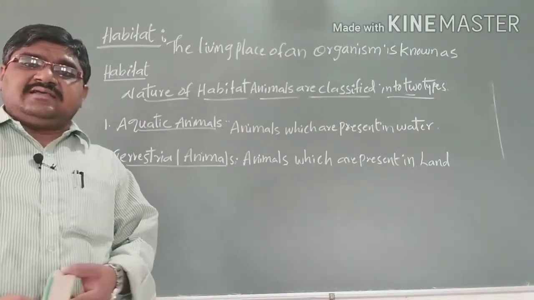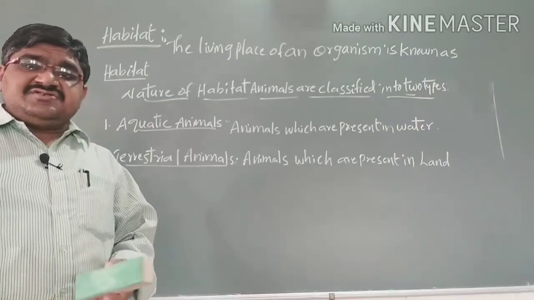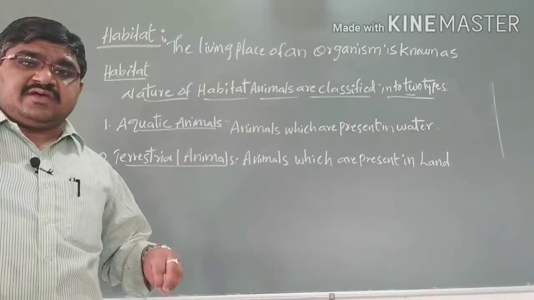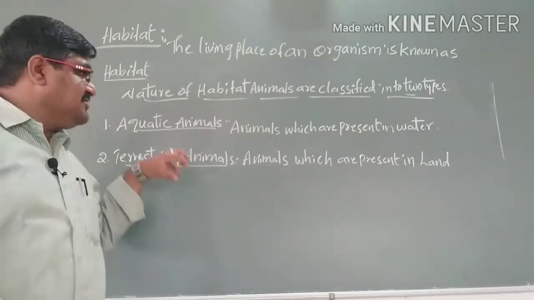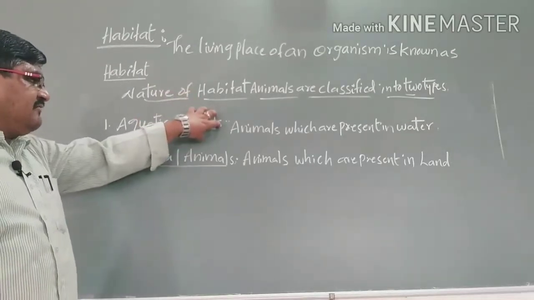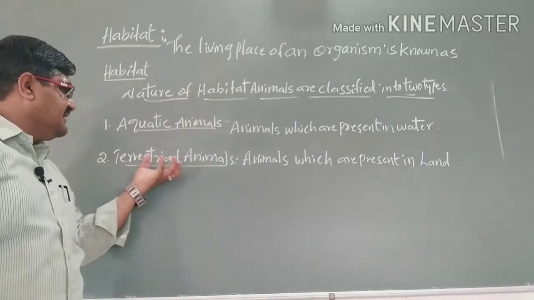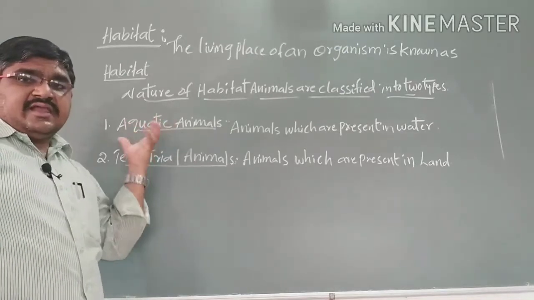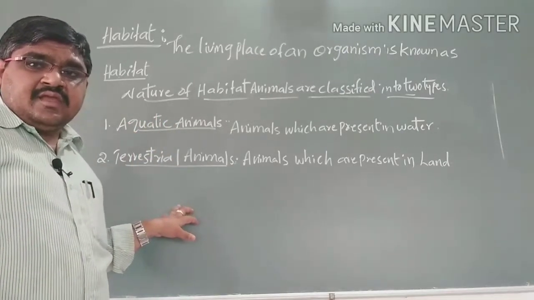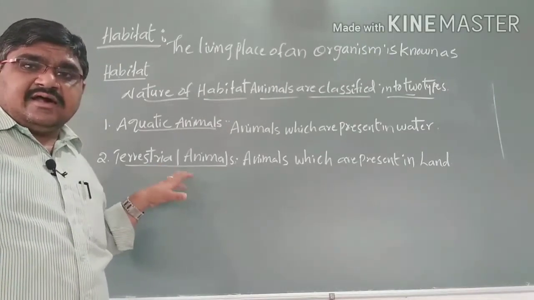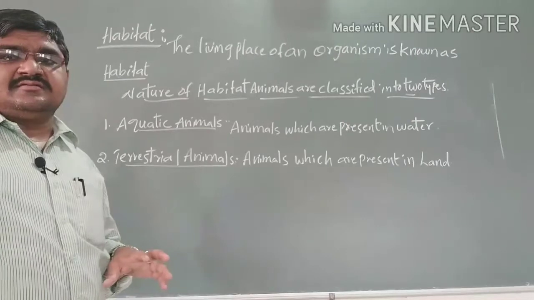So they are called terrestrial animals. So based on the nature of the habitat where they live, the animals are classified into two types: aquatic and terrestrial. Animals present in water are aquatic, and animals present on land are terrestrial.